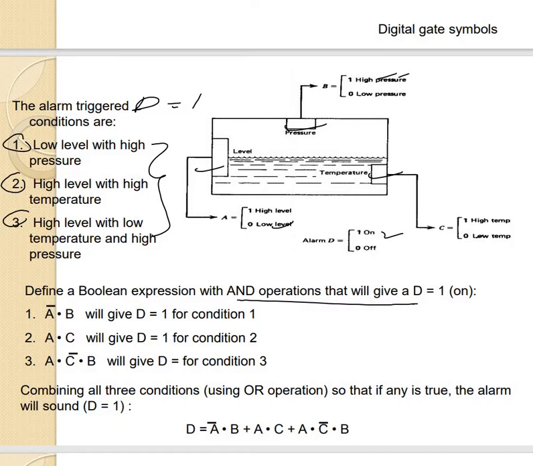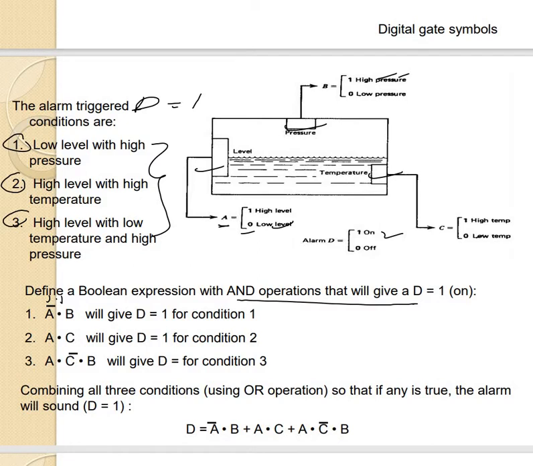Because we want to get D equal to 1, this is the multiplication, right? So the value must be the same. That's why this A at first is equal to 0. But in order to get D equal to 1, we need to have 1 times 1, right? So this will be the complement of A.